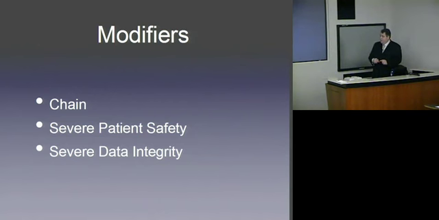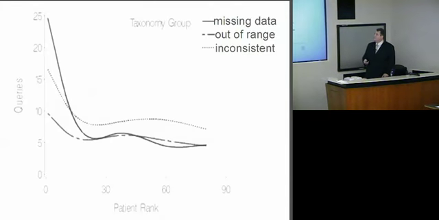And then in the focus group that we had, people wanted to be able to tag either a severe patient safety event or something that severely affected the data integrity. So I apologize for the fuzziness of the slide. It didn't turn out well for my Mac. But once again, we did the analysis.